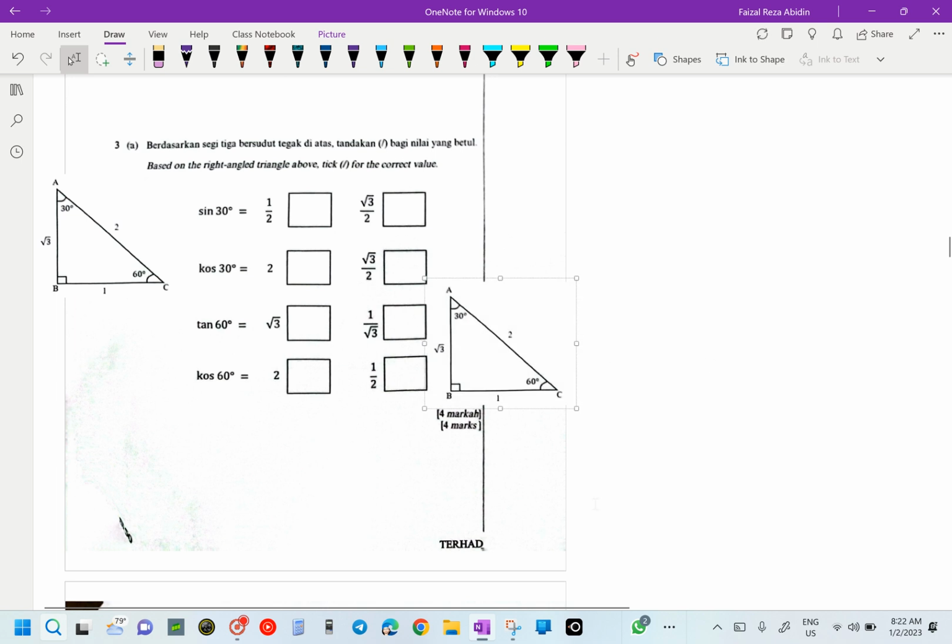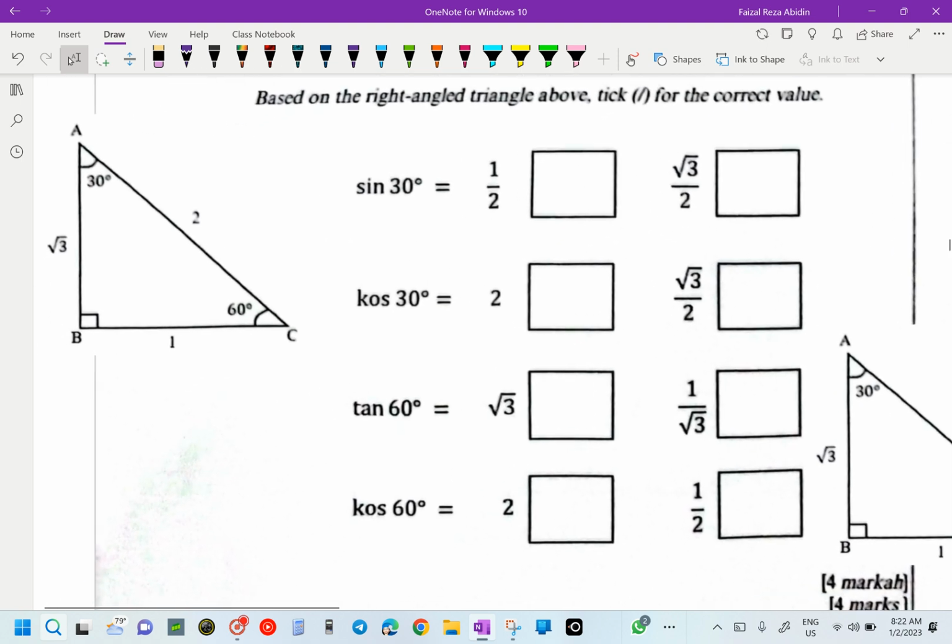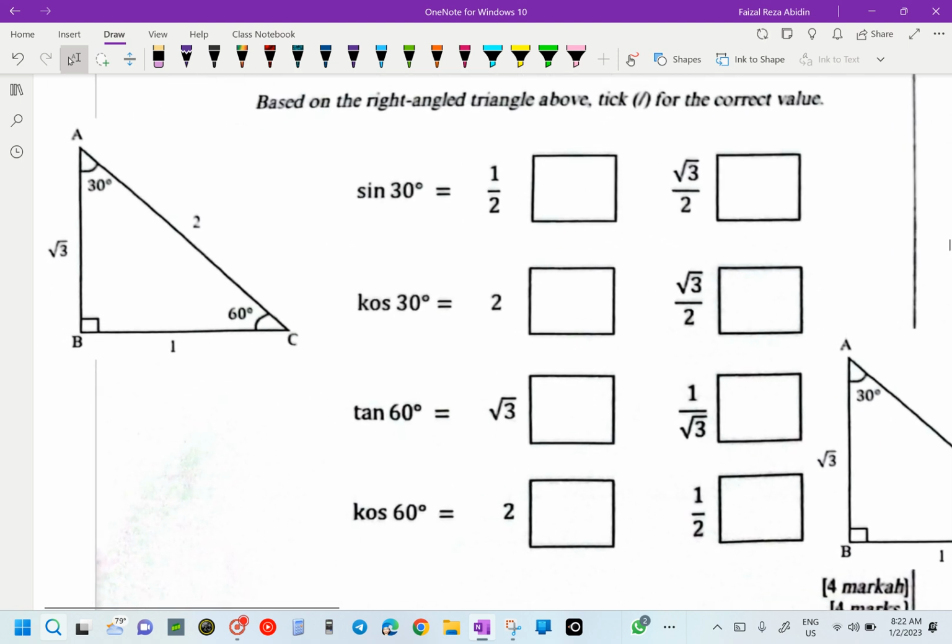Okay, we are going to look at our first one, based on the right angle triangle above.